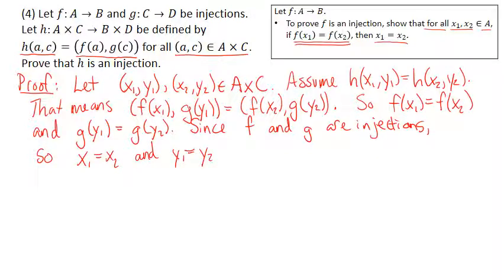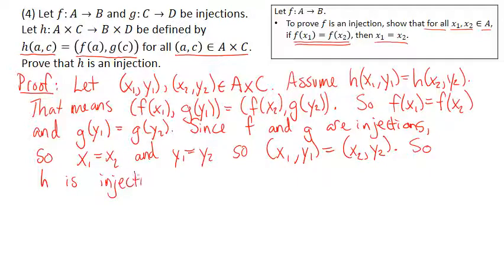What's important about that is that these ordered pairs, x1, y1 and x2, y2 are the same ordered pair, which is what we were trying to show in the first place. So that means that h is injective. And that's it.